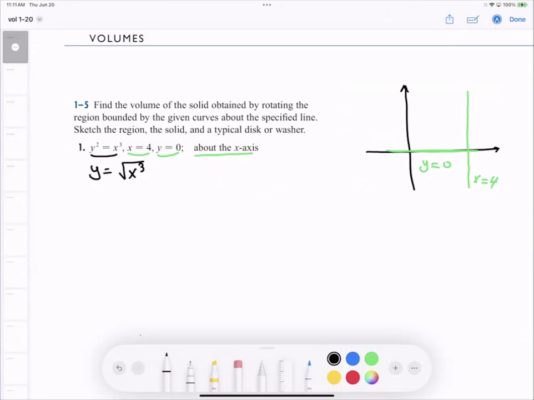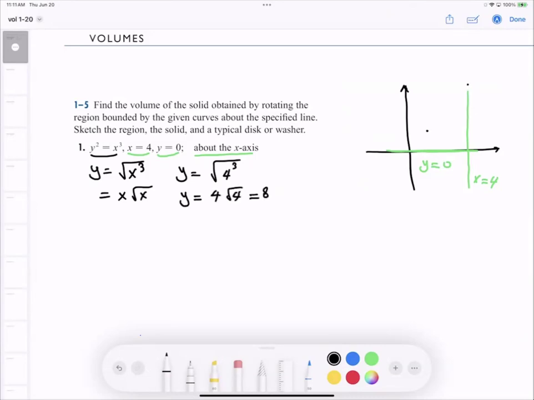Okay, the graphing is not that difficult. If I plug in 1 here, my y becomes 1. If I plug in 4 here, y equals the square root of 4 to the third. You can simplify this as well, or write this as x times the square root of x, so y becomes 4 times the square root of 4, or 8.